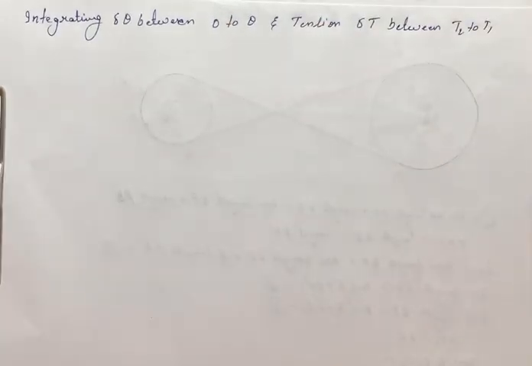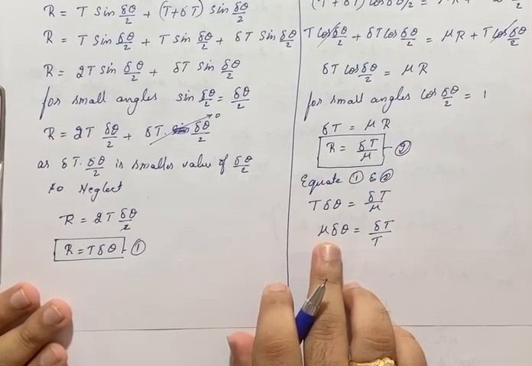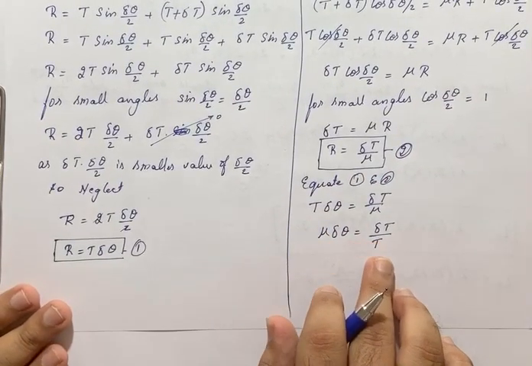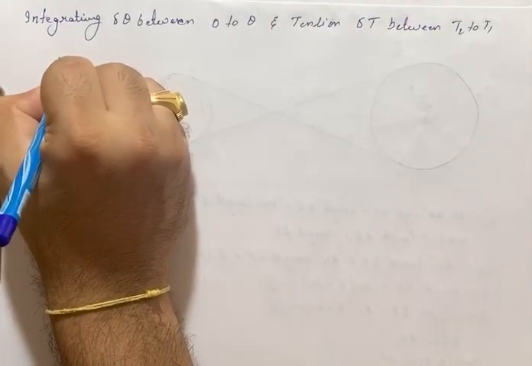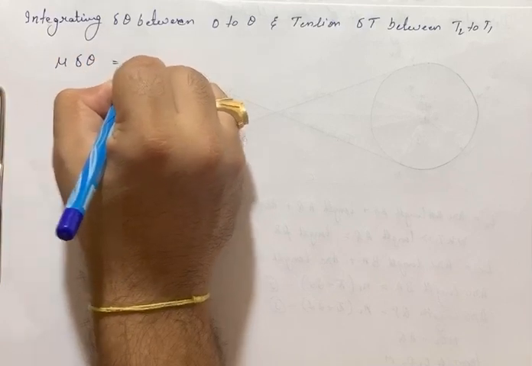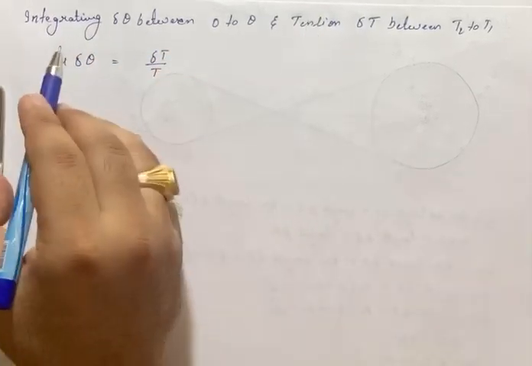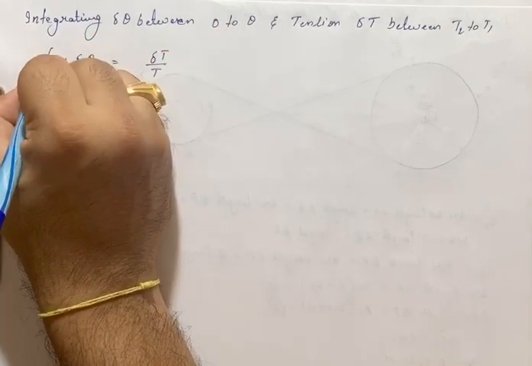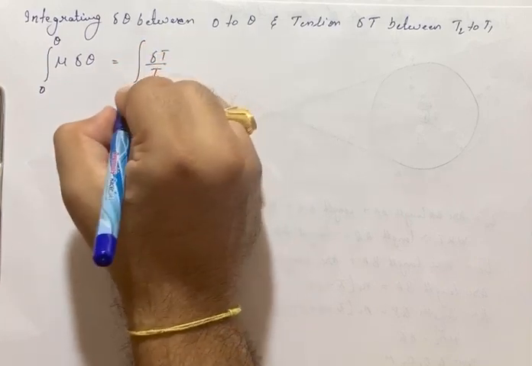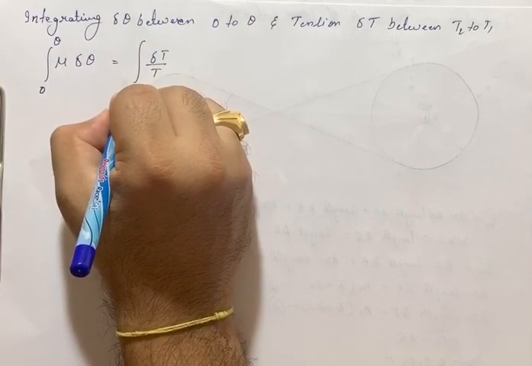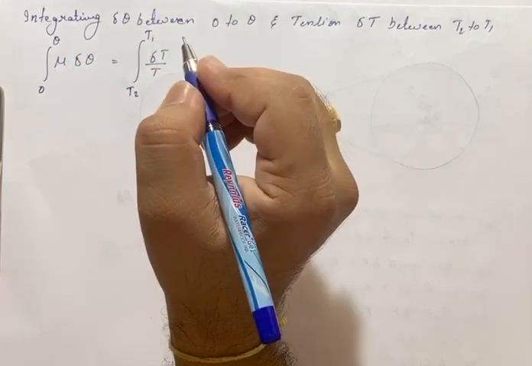We have mu into delta theta equals delta T by T. For theta I need to integrate between 0 to theta, and for tension T, from T2 to T1.